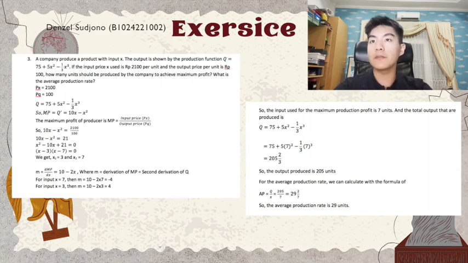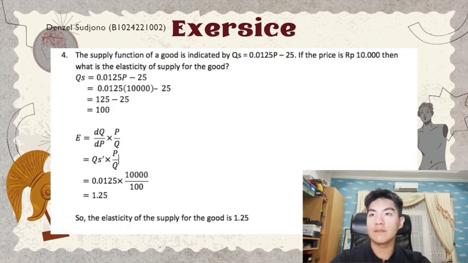So the output produced is 205 units. For the average production rate, we can calculate with the formula AP equals Q per X equals 205 per 7, which equals 29 and 2 per 7. So the average production rate is 29 units.